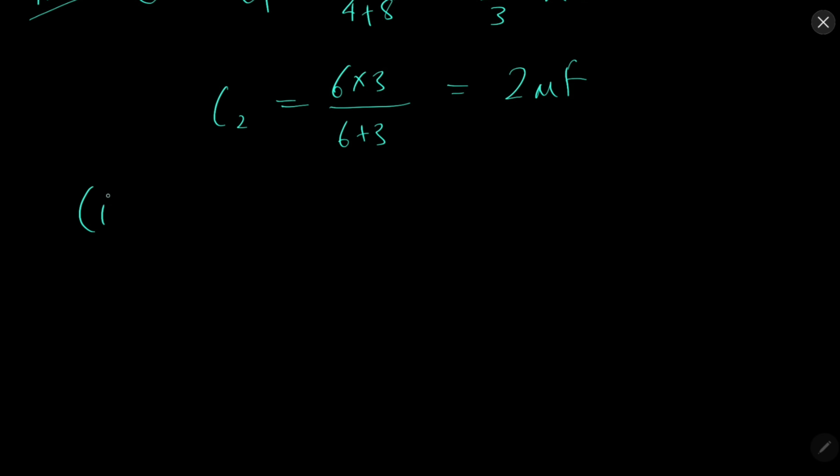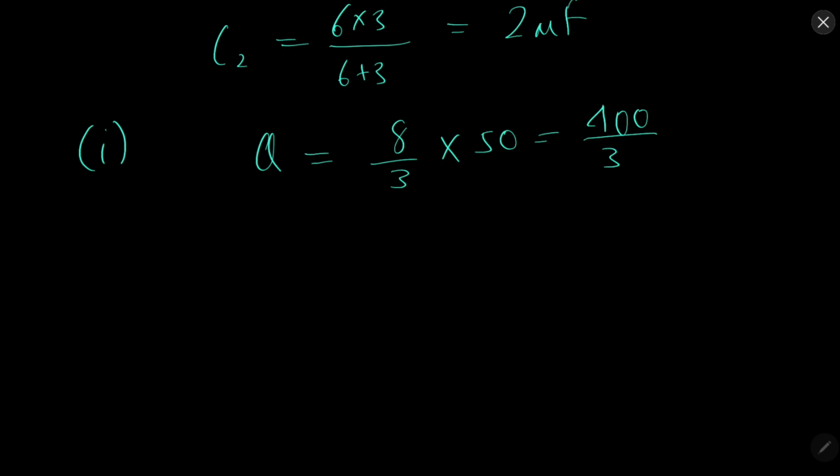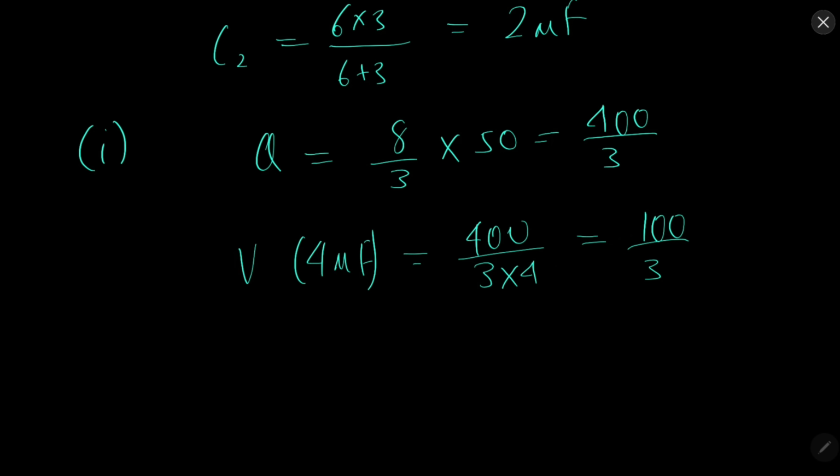So first part, charge on the 8 by 3 microfarad capacitor will be C into V, 400 by 3, and potential at the 4 microfarad will be 400 over 3 into 4, 100 by 3.